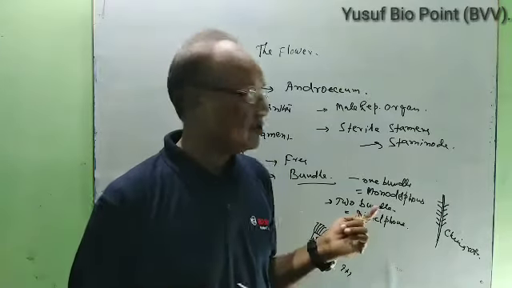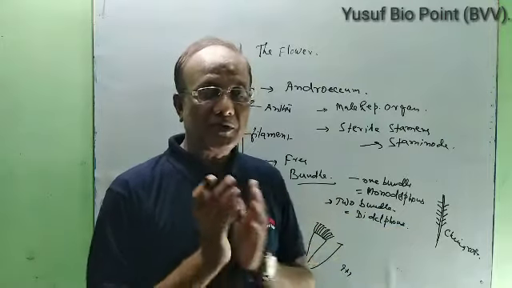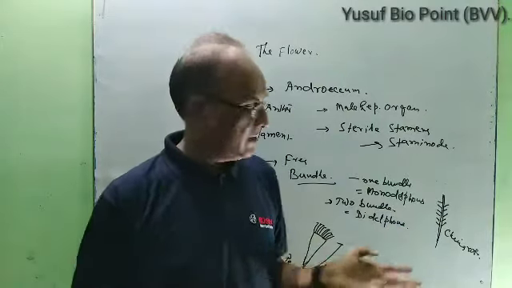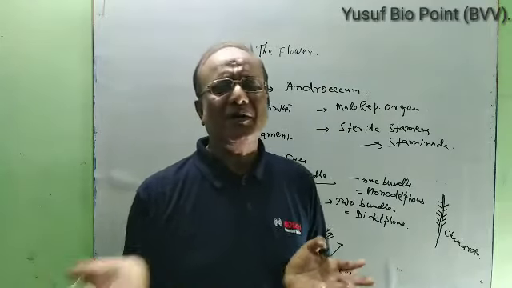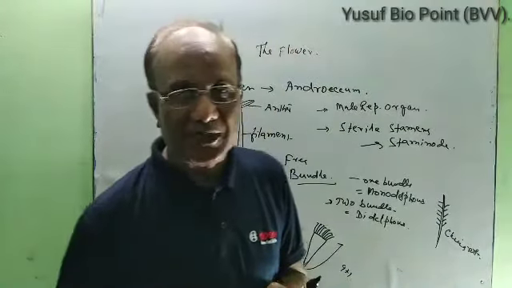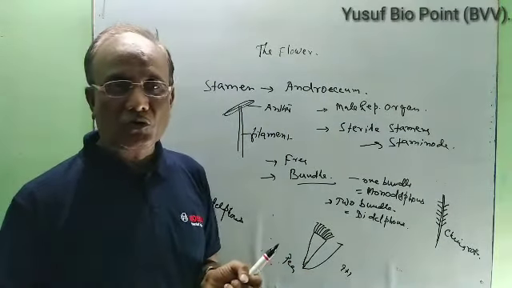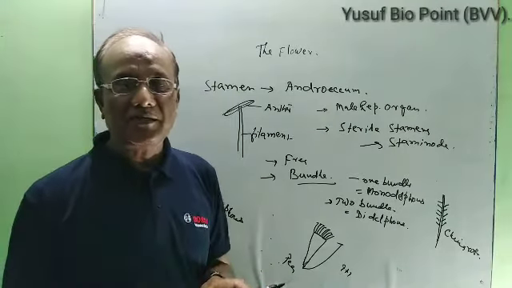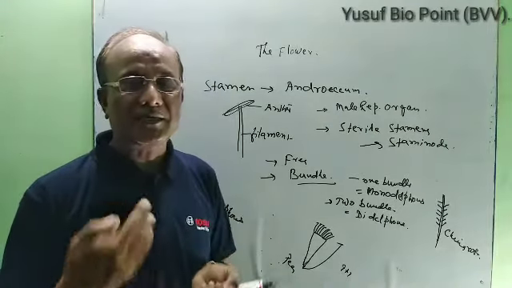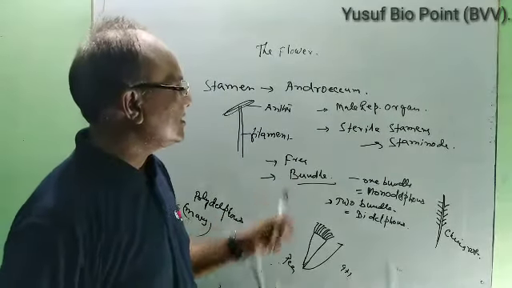If they are found in single, that is monodelphous. If in two, that is didelphous. If in three, tridelphous, tetradelphous, and many, pentadelphous, polydelphous. एक गुच्छे में पाया जाए तो मोनोडेल्फस, दो गुच्छे में डाइडेल्फस, तीन में ट्राइडेल्फस, चार में टेट्राडेल्फस, ज्यादा में पॉलीडेल्फस.